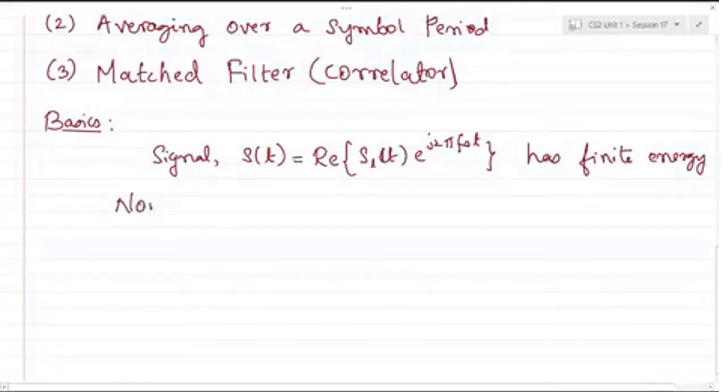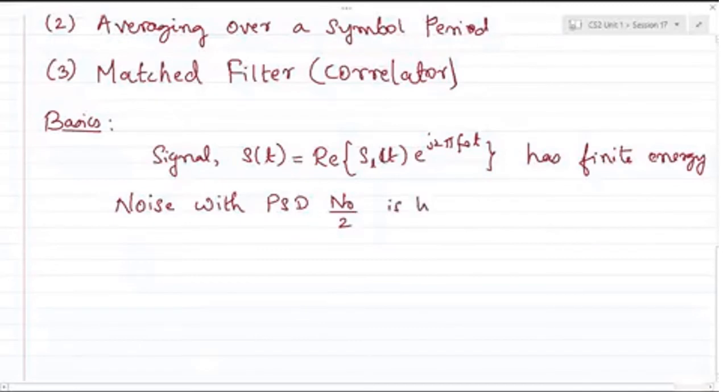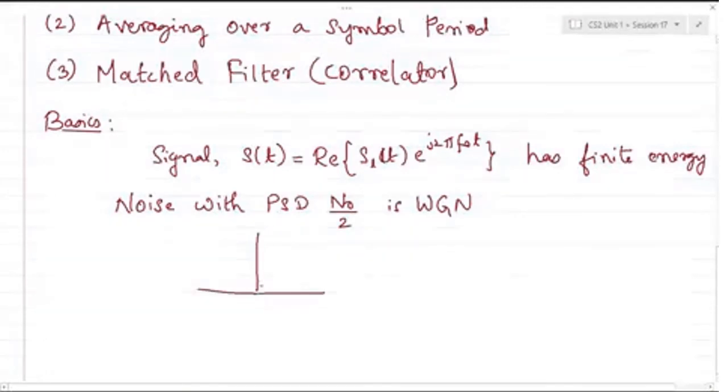This signal gets corrupted with noise in the channel, whose power spectral density is N0 over 2, and hence it is known as white Gaussian noise.